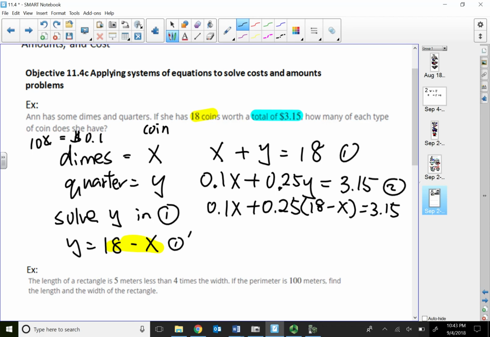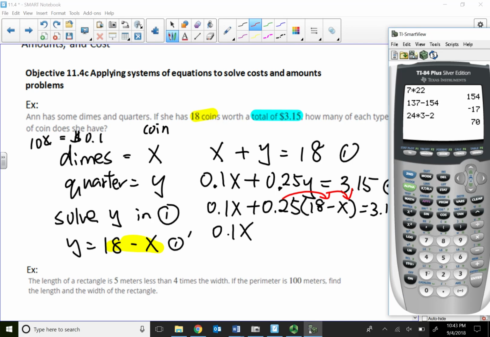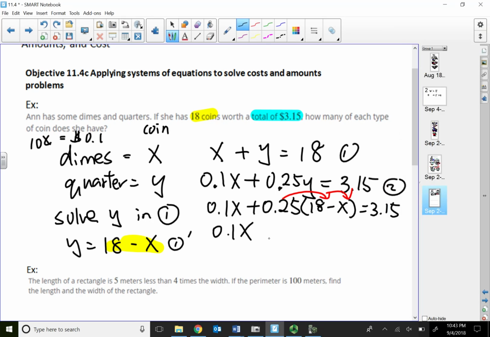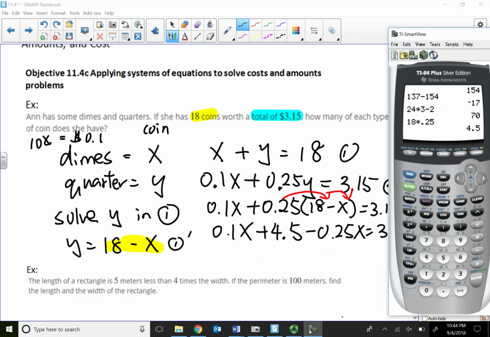From here, it's just algebra, solving a linear equation. 0.25 times 18, that'll be positive 4.5. 0.25 times negative x is negative 0.25x, set equal to $3.15. Combine like terms, 0.1 minus 0.25.